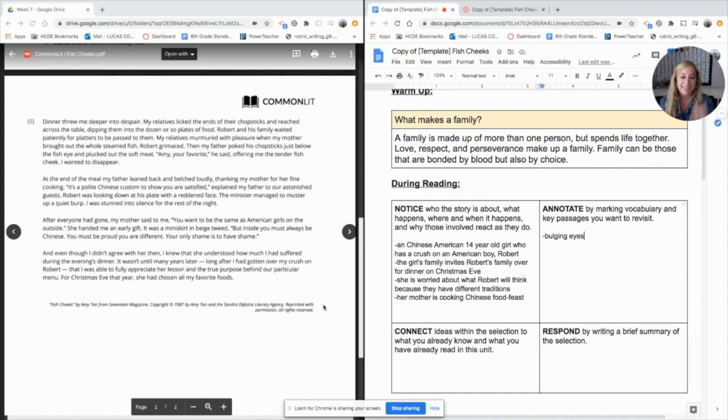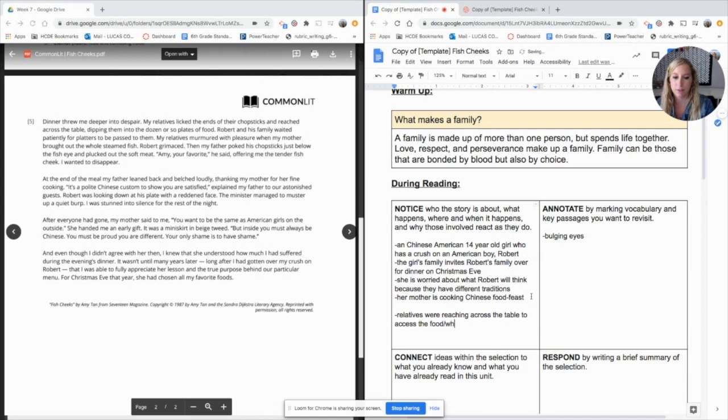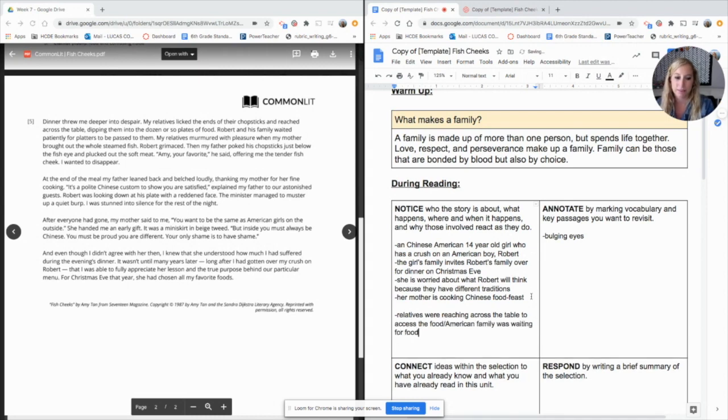So once again, we're going to go back to our notice and annotate box. What happens, where and when it happens, and why those involved react as they do. So I'm going to add some space and continue on. So her relatives were reaching across the table to access the food while the American family was waiting for food to be passed.